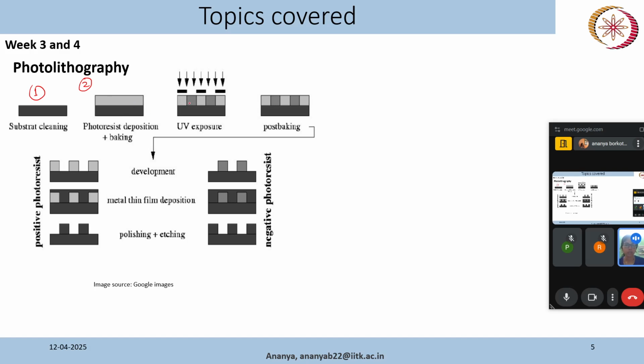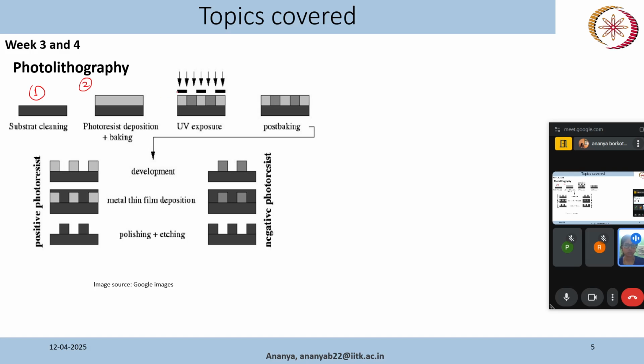And after that, we will put the photomask and do alignment. Alignment is where, if there is already some structure on your substrate, or we are doing multiple-step lithography, then alignment is required so that the features of the first litho and the features of the second litho align properly.